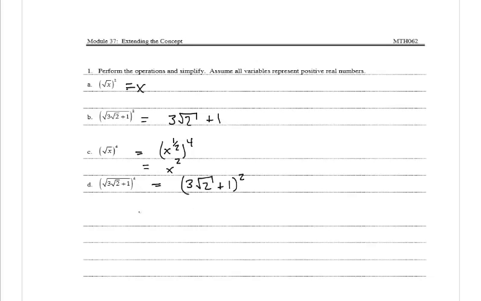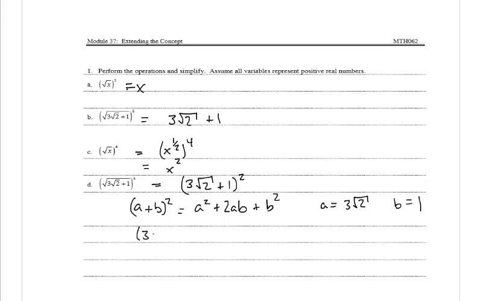And now we want to use the perfect square trinomial that we learned in the last video to simplify this. So we know that a plus b squared is equal to a squared plus 2ab plus b squared. And in this problem, a can be defined as 3 times the square root of 2, and b can be defined as 1.